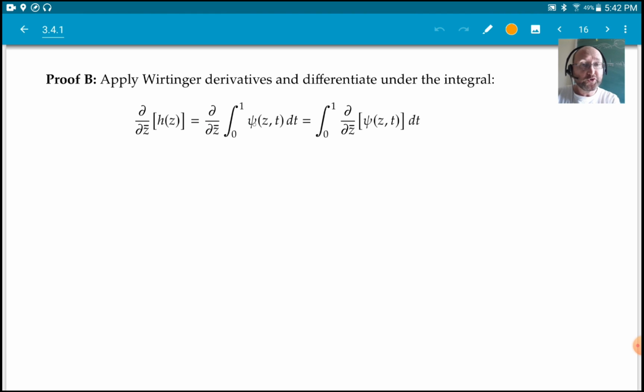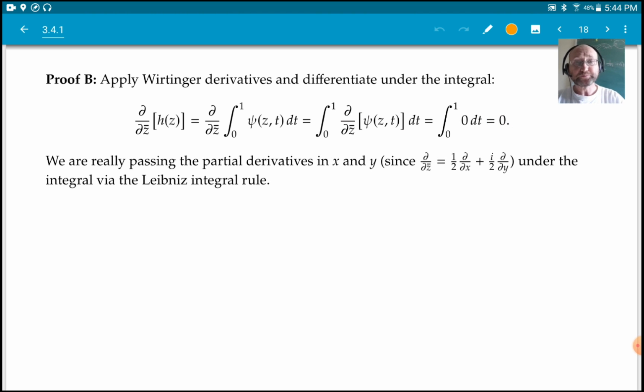If I move that inside, then what do I have inside here, right? I mean, t is fixed, and I'm differentiating with respect to z bar. That function is holomorphic. For each fixed t, that's a holomorphic function, so the z bar derivative is just 0. So again, I get 0, right?